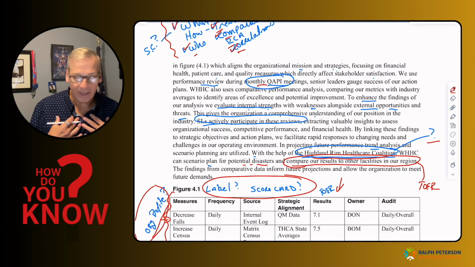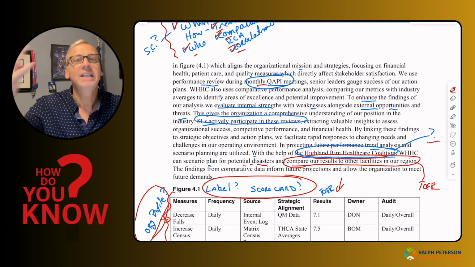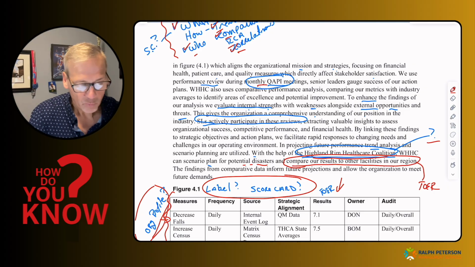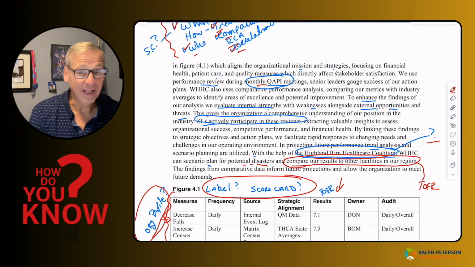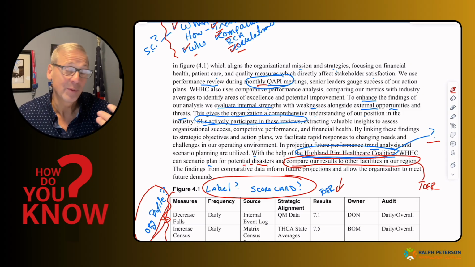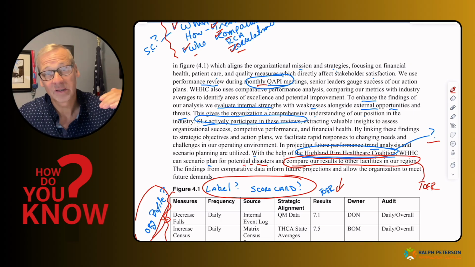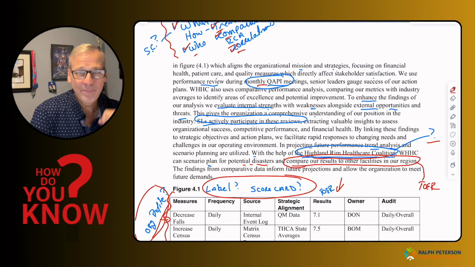I would put that on my TOER and not have any idea what I'm expecting or who the data is going to be coming from. I'm going to guess that the Highland Rim Healthcare Coalition could provide you with that comparative data. Maybe they're the ones giving you the graph that shows you that you are doing better or worse for potential disasters than others in your region. But that is definitely going on my TOER. So keep that in mind.